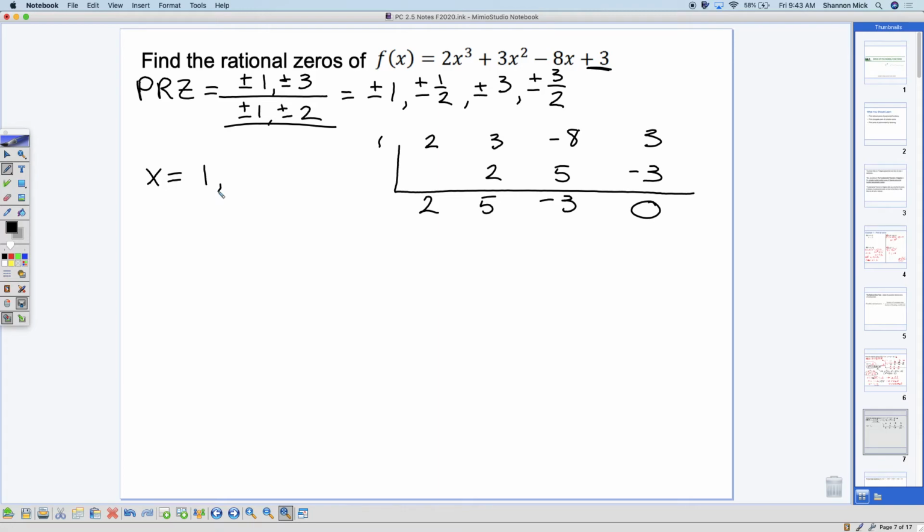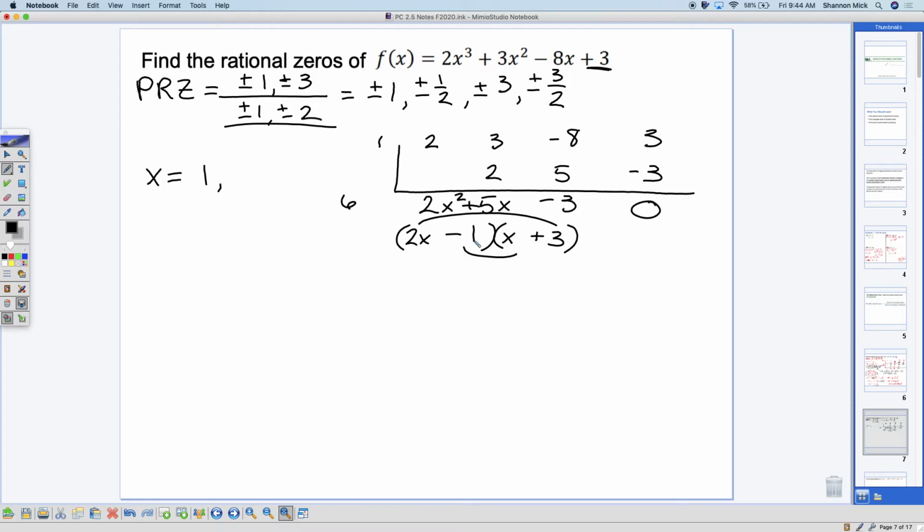So I have 2x squared plus 5x minus 3. Okay, so factors of 6 that have a difference of 5: 6 and 1. So I have 2x and x. And since this times this and this times this need to give 6, this is going to be positive 3 and negative 1.